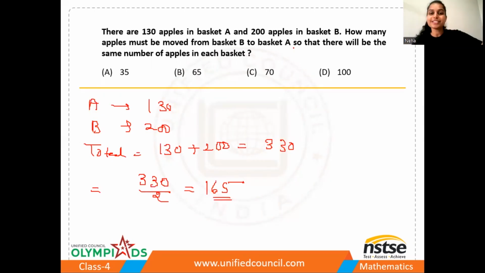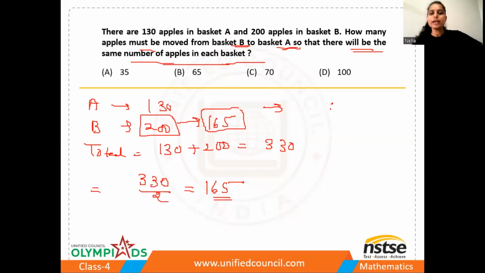So the question is asking how many apples must be moved from basket B to basket A so that there will be the same number of apples in each basket. Now basket B has 200, but it should have 165. So how many should we move? Yes, 200 minus 165. That means this is 35. So 35, option A is your right answer.